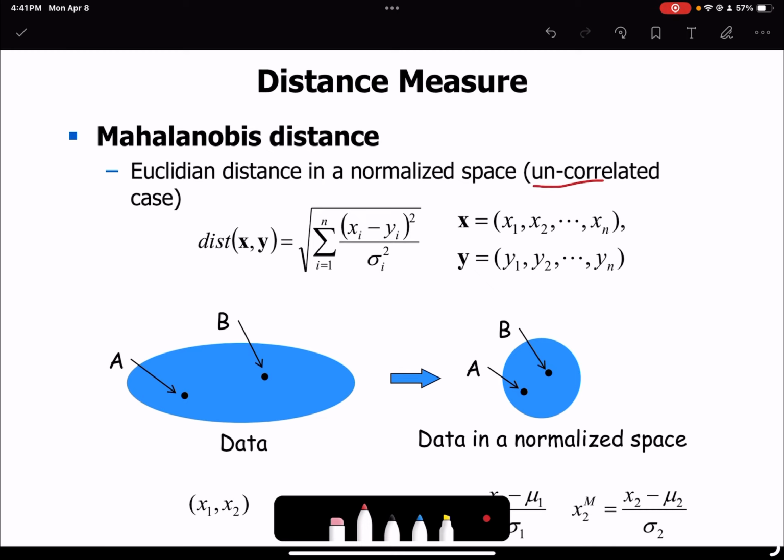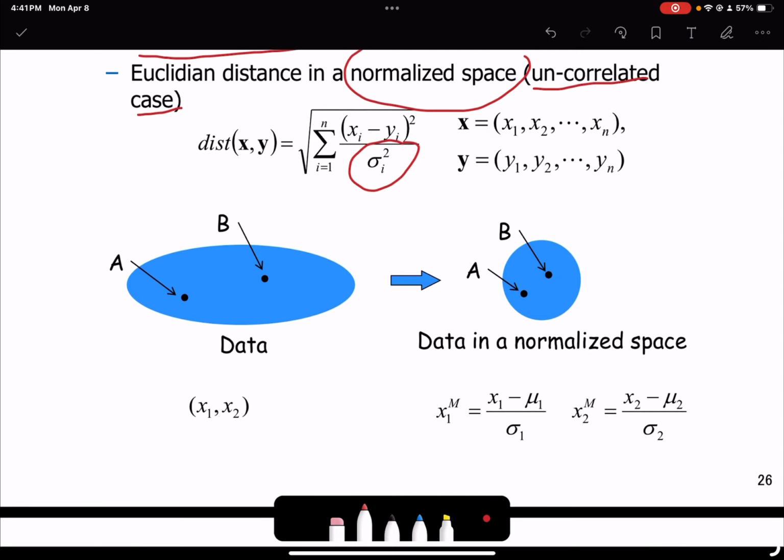For the correlated case, we can use the Mahalanobis distance in a normalized space where we are dividing by the variance. We are already familiar with this.